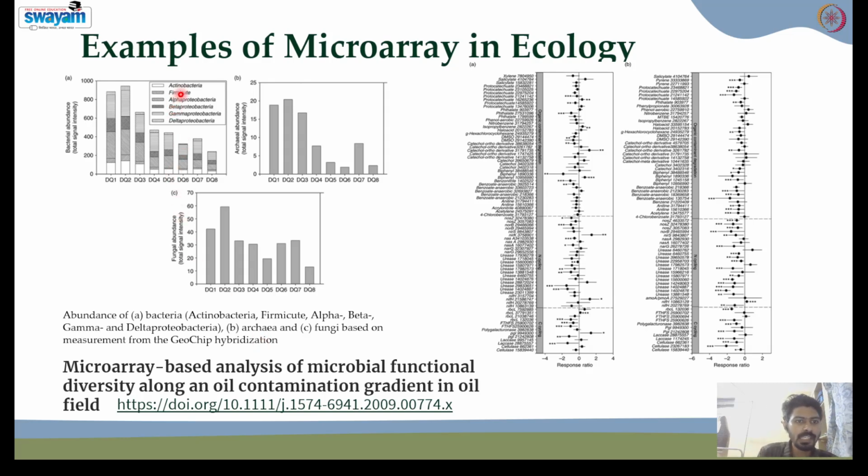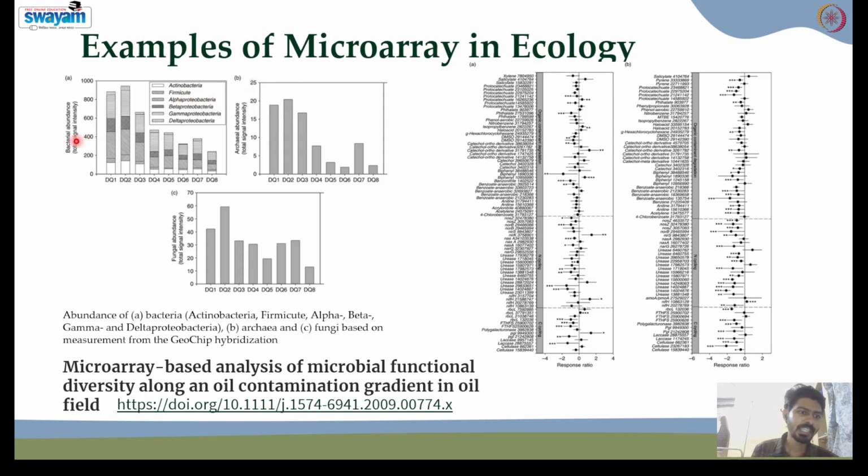Here we could see Actinobacteria, alpha proteobacteria, beta proteobacteria, gamma proteobacteria, delta proteobacteria. So by applying this microarray technique, we have answered the first question, which is what are all the microorganisms present in a given ecosystem. And here the ecosystem refers to oil contaminated sites. From doing so, we could identify these bacterial samples. And the second question is how abundant they are.